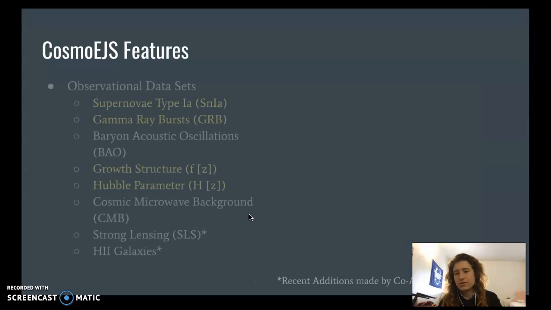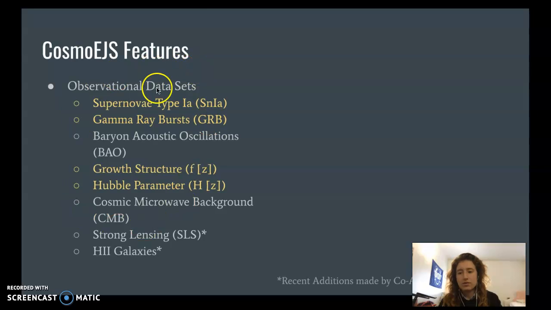So, features of Cosmo EJS are all of these observational data sets. In this presentation, we're going to focus on supernova type Ia and gamma ray bursts, which are really good indicators for late universe Hubble constant data. As we'll also be focusing on growth structure and Hubble parameter.